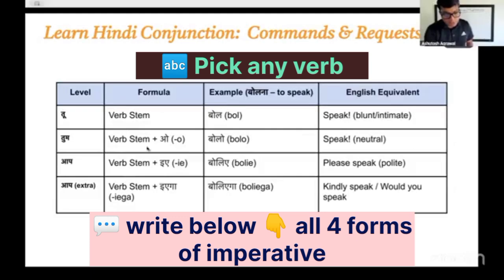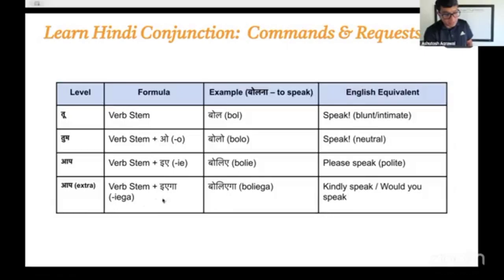If you want to be neutral, you take the base stem bol, you put o, it becomes bolo: tum bolo. For respectful, you take the base stem bol and you put iye: boliye, aap boliye. And the last one, base stem bol, iyega: boliyega, aap boliyega.